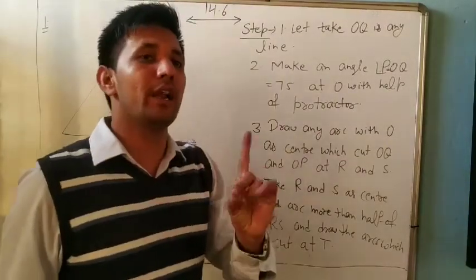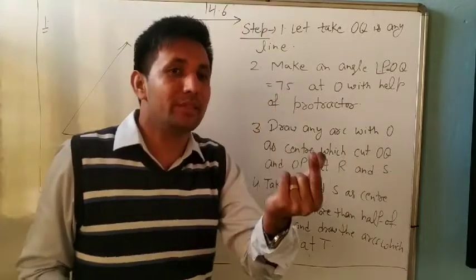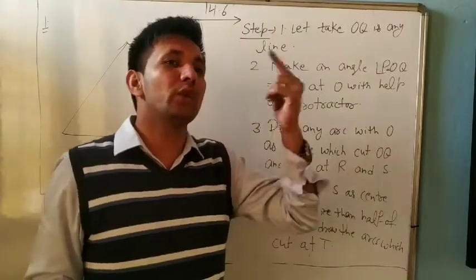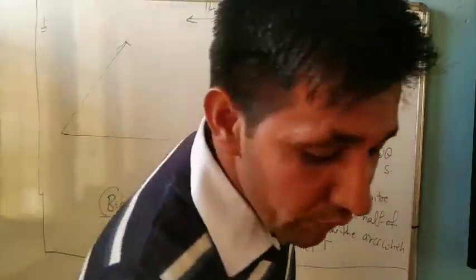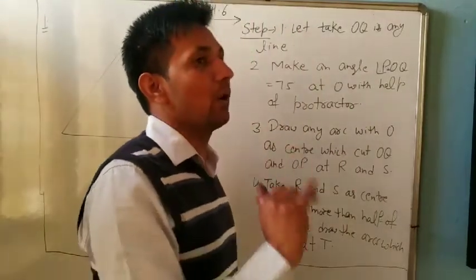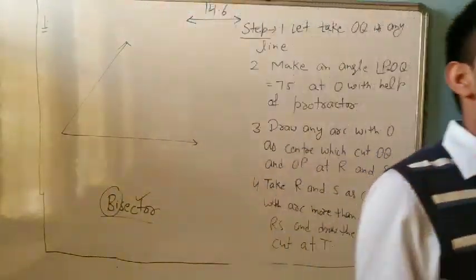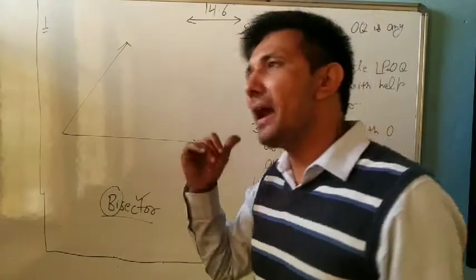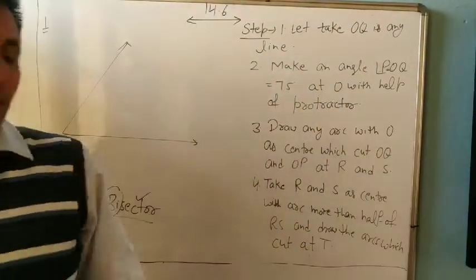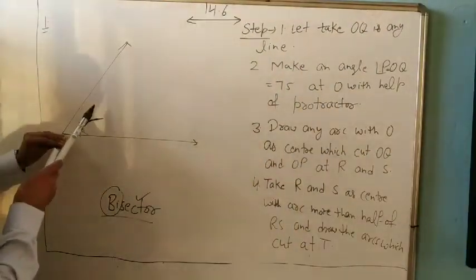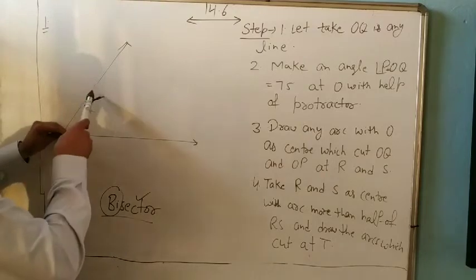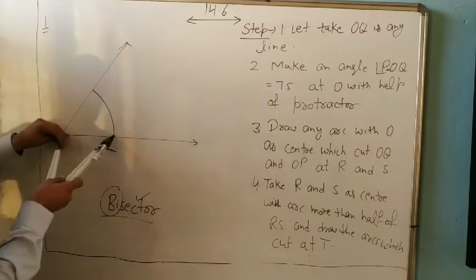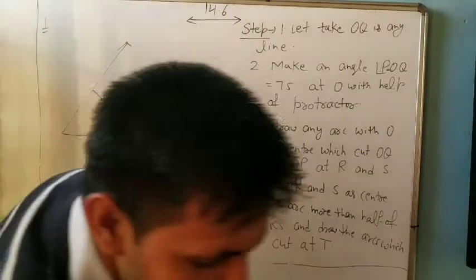Till now we already learned how to take the bisector of a line, and now we will learn how to take the bisector of any angle. Okay, the bisector of a line and of an angle are the same idea. How will we draw? Look, it is only rough work. Suppose it is an angle.